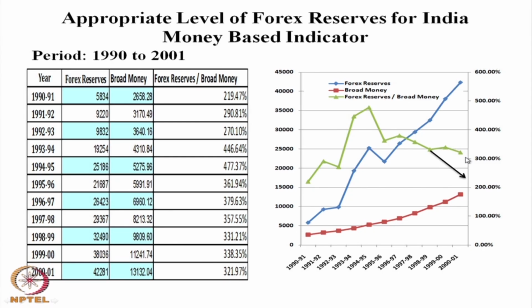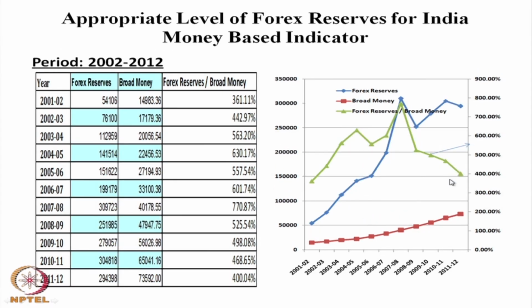The secondary axis indicates the reserve percentage, that is forex reserve to broad money supply. The primary axis indicates the millions of foreign exchange reserve in US dollars. The US dollar amount is increasing, the broad money supply is also increasing, and the ratio of foreign exchange reserve to money supply is quite high up to 95-96. After that it continuously declines.